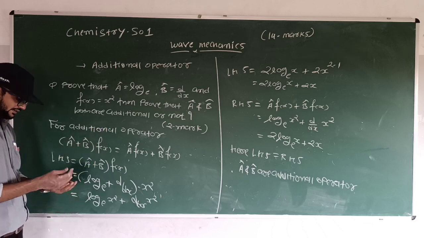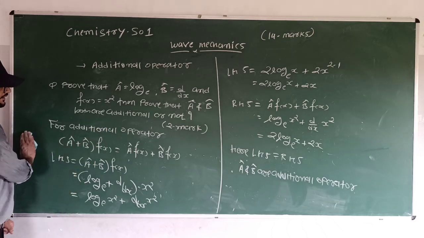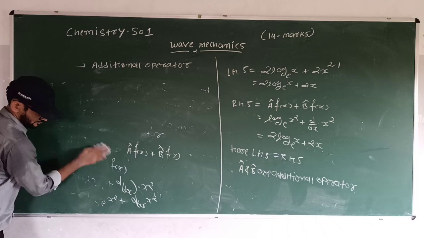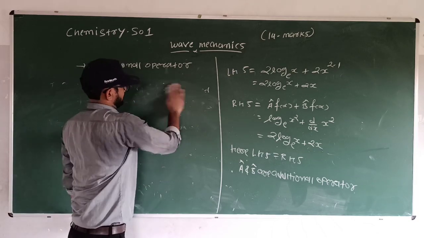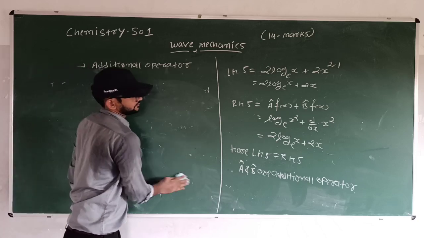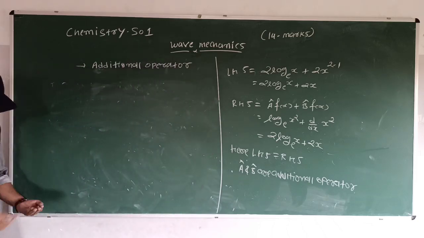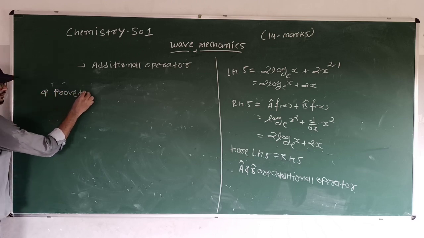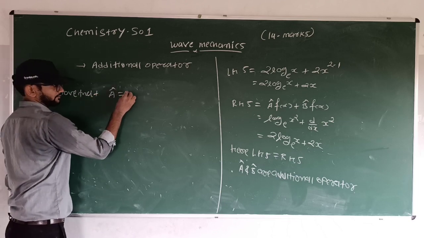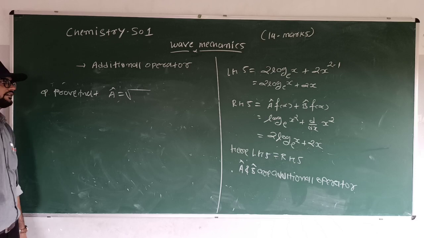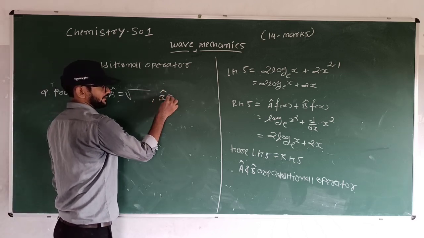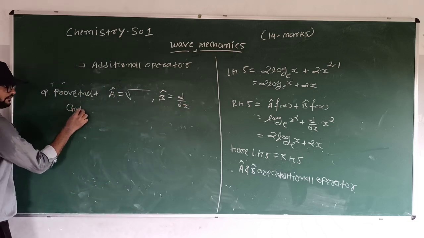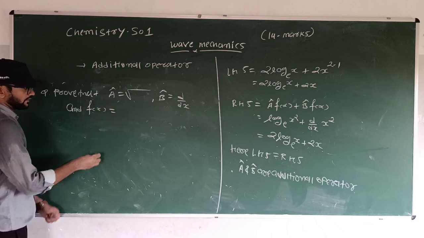Okay. So the next question is: prove that A cap is equal to under root, B cap is equal to d/dx, and f(x) is equal to 4x squared.